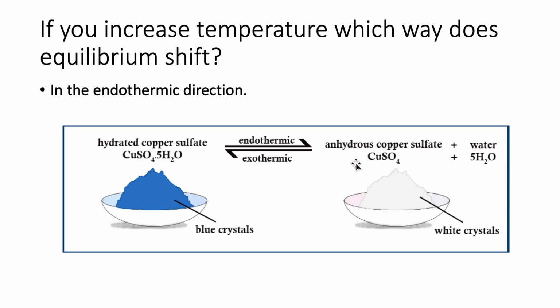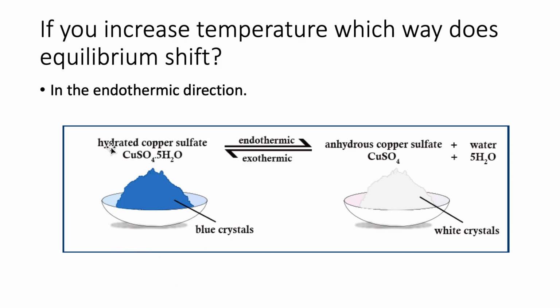Anhydrous means without water, which is white. And that's a test used to detect the presence of water. So if you put anhydrous copper sulfate anywhere, if there's water, it will turn blue because it will join with that water, go in the reverse exothermic direction.